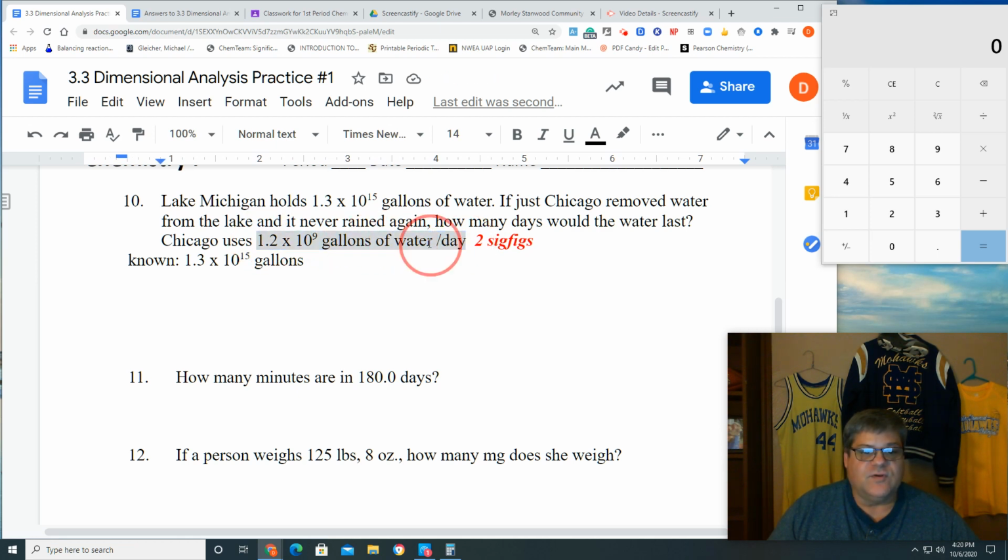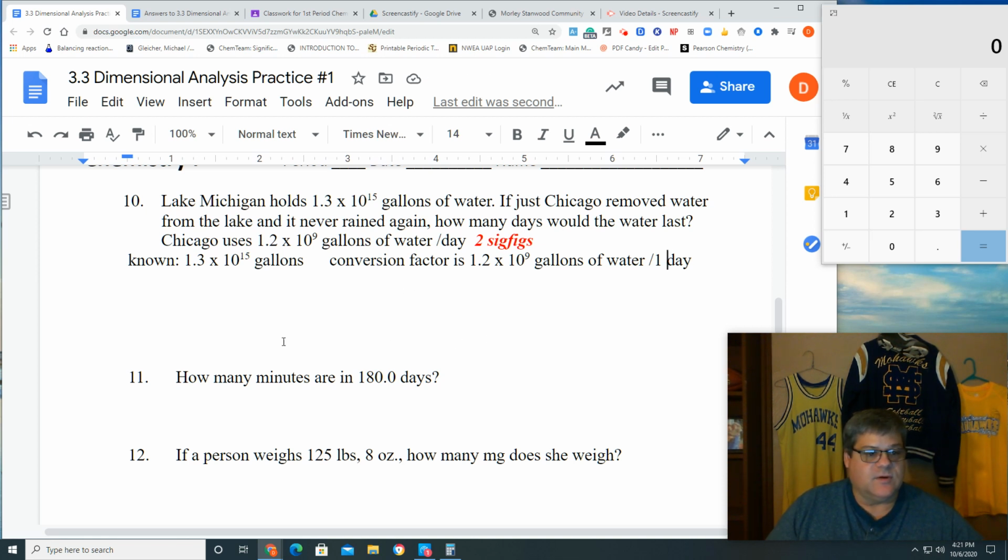That is a conversion factor, so we're going to copy that also, and we're going to say our conversion factor is, and paste that right there. And this, again, is one day. So for each and every day, we're going to get that amount.